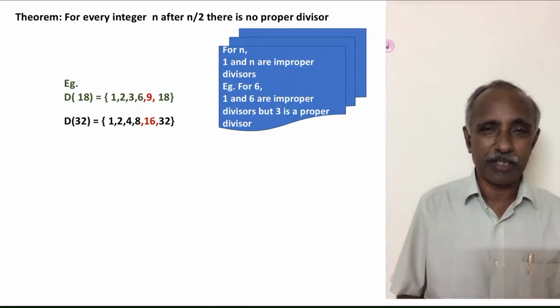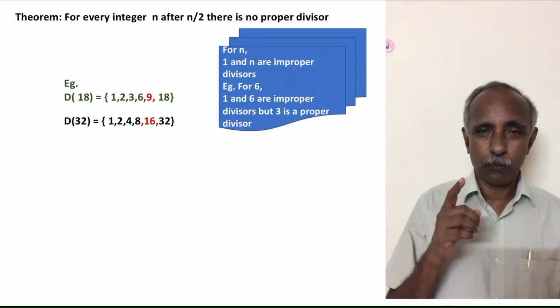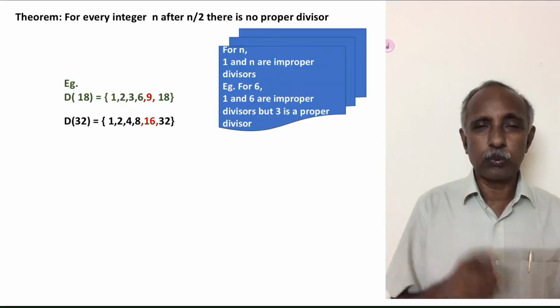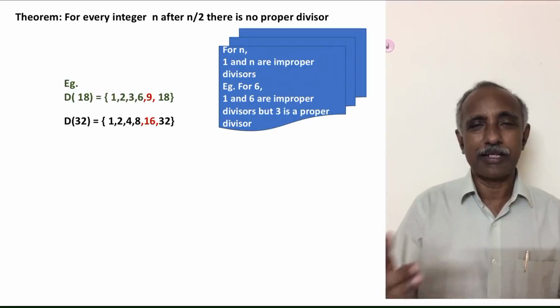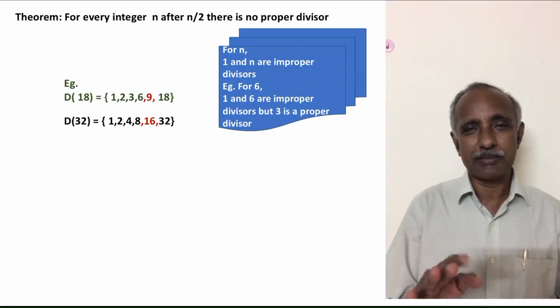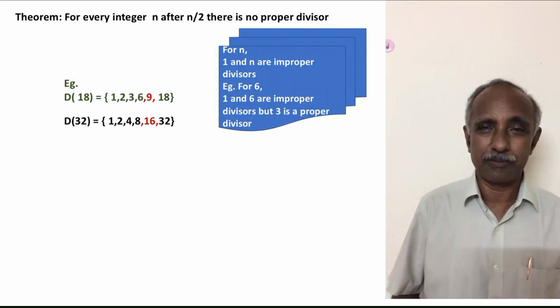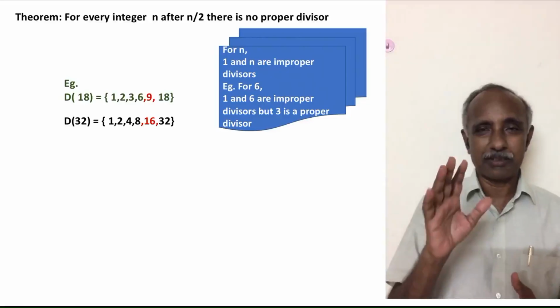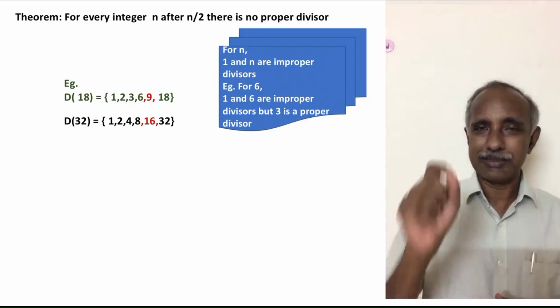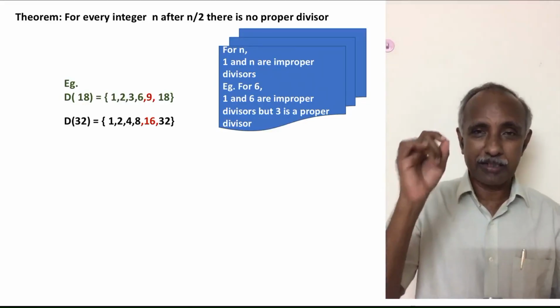Next, the divisor set of 32: 1, 2, 4, 8, 16, 32. So after 16, there is no proper divisor. So definitely you can check up to n by 2. That's what we want to say. That is the theorem, that is the mathematical justification.